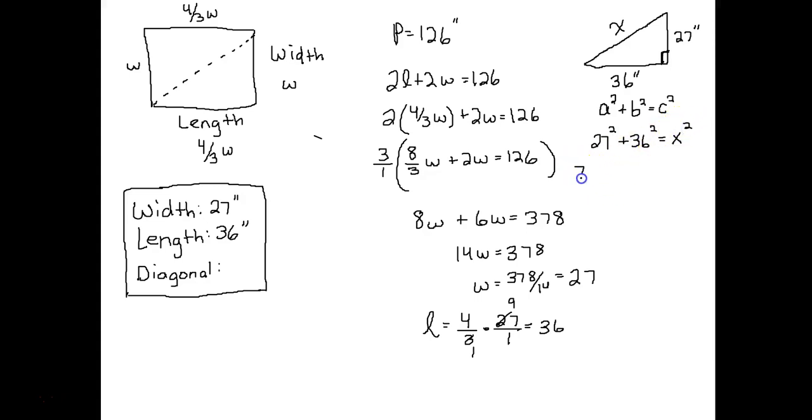Well, 27 squared is 729. 36 squared is 1,296. You add those together, you get 2,025. And then you do the positive square root of 2025, and you get 45. So the diagonal is 45 inches.